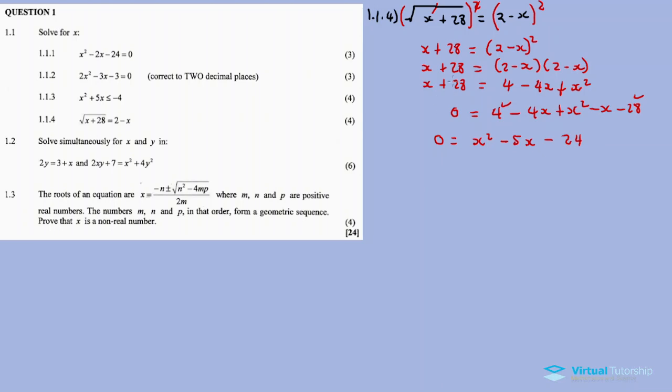The reason why I am moving the x plus 28 to the right hand side is that I want my x squared to remain positive. If I moved the content on the right hand side to the left hand side, the x squared would be negative, which is something I am trying to avoid. And even if I took this and put the 0 over there, it's still the same thing.